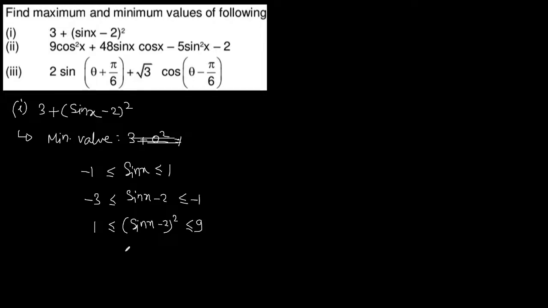So when you add 3 plus sin x minus 2 whole square, we'll get it from 4 to 12. So this is min, this is max.